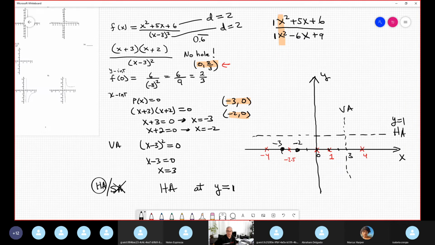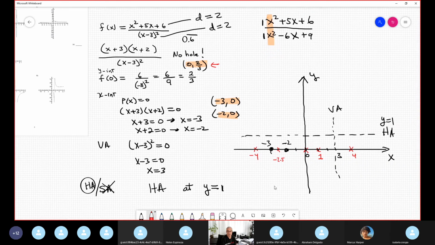Okay, now to understand, if some student forgot this important moment, I want to investigate to see whether our curve crosses the horizontal asymptote or not. Sometimes yes, sometimes no. In the other example, no, because you get a stupid equation with no solution, but in this case, I don't know.